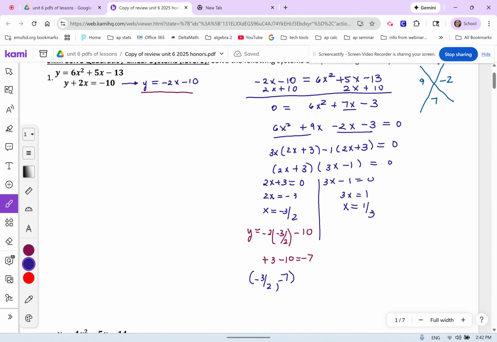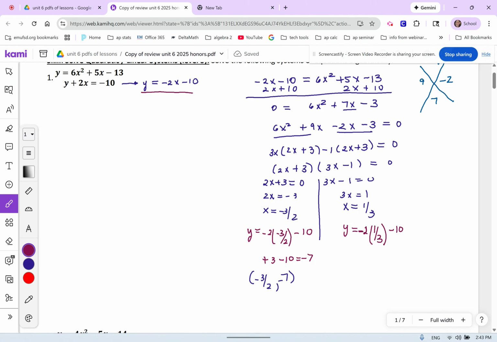And now I need to get the second solution. And so to do that again, I'm going to take the linear equation and I'm going to substitute in there. So negative 2 times 1/3 minus 10. So that's negative 2/3 minus 10. I'm just doing this in the calculator.